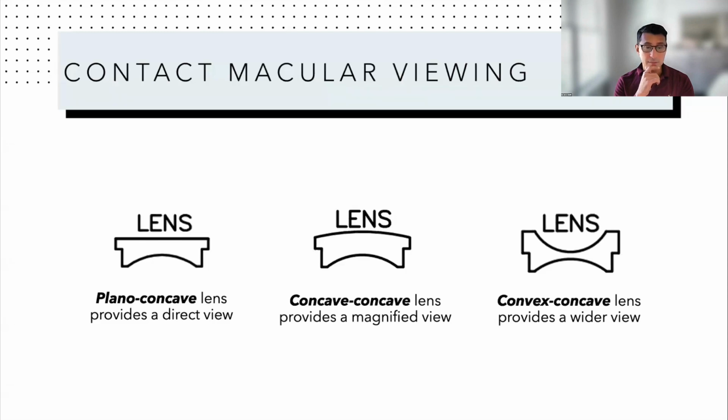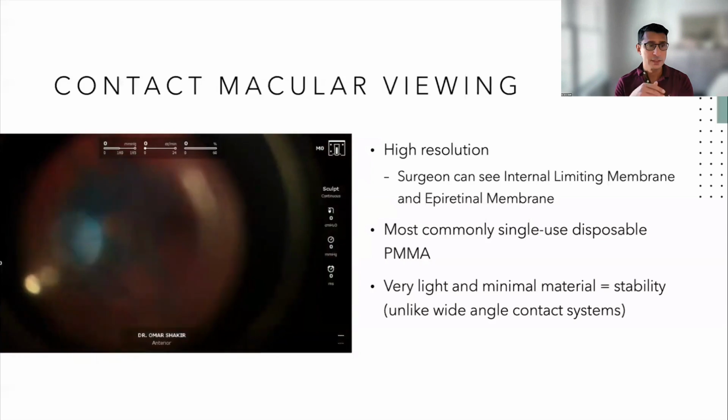The concave lens is going to magnify the view, so it gives you a little bit more detail for the ILM, ERM, whatever you might be working on, the macular hole. Convex-concave is a way to introduce a wider field of view. And we talked about this before, but unfortunately, you can only get so wide with this strategy. You can't get 100 degrees of view. You can maybe get 40, 45 at the most.